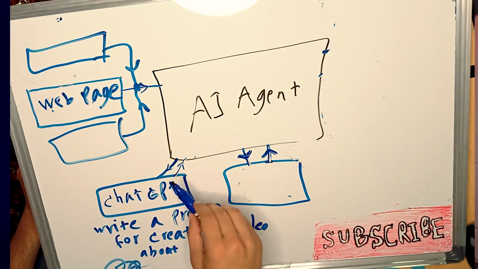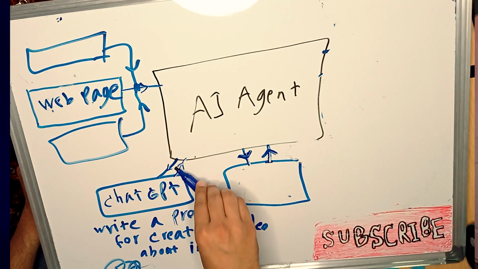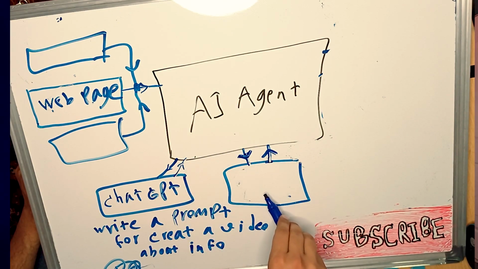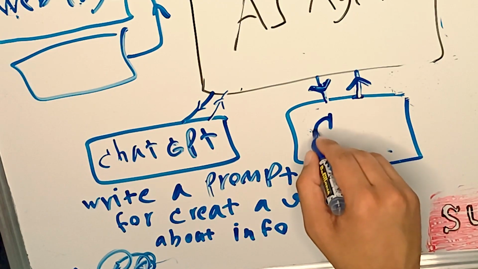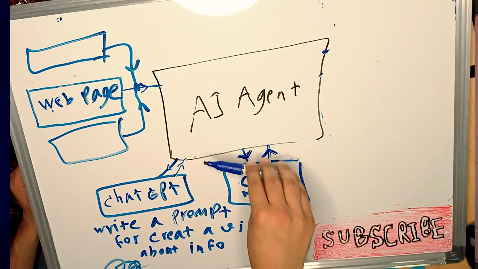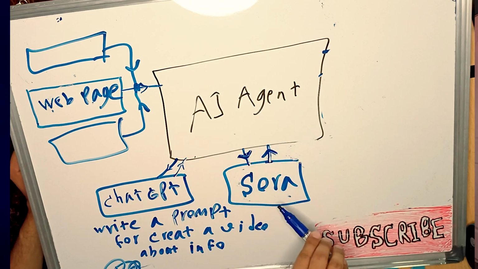So then ChatGPT will create the prompt and send it to another AI. There are so many AIs out there that can create video, like Sora from OpenAI. The AI agent gets the prompt and gives it to Sora.